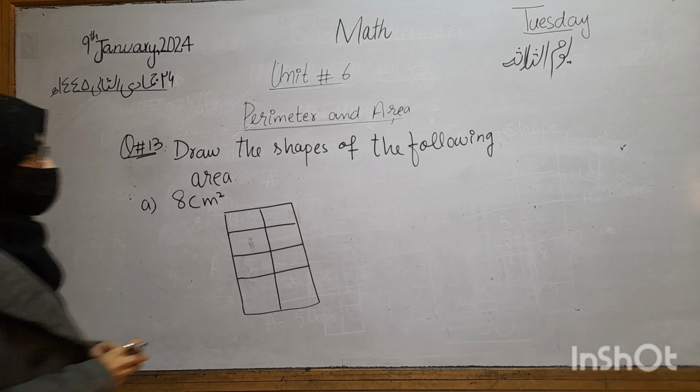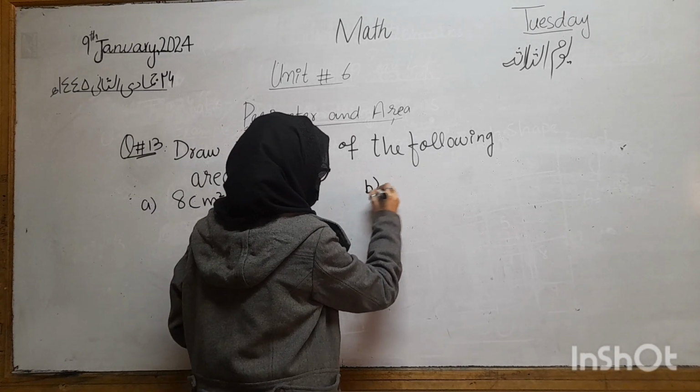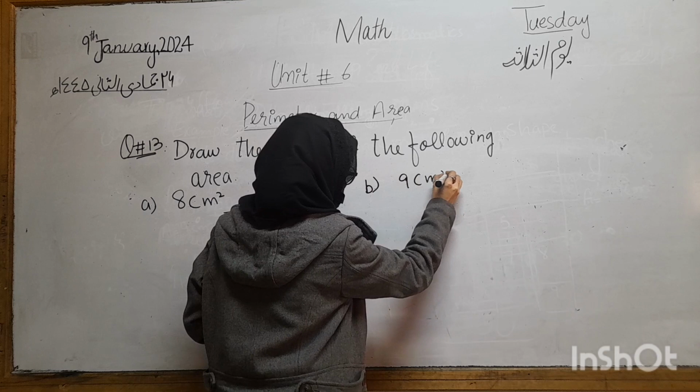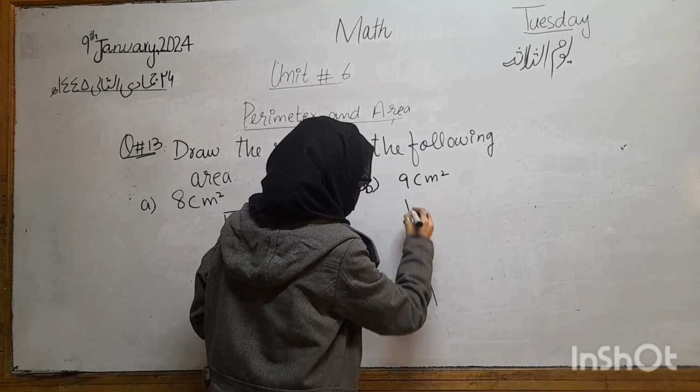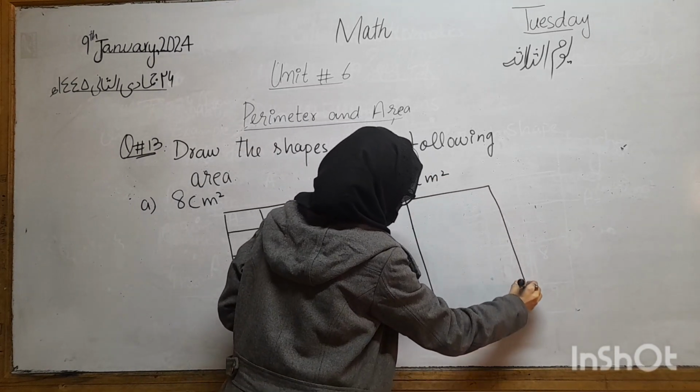In next part, in B part, we have 9 centimeter squares. And you have to draw 9 squares.